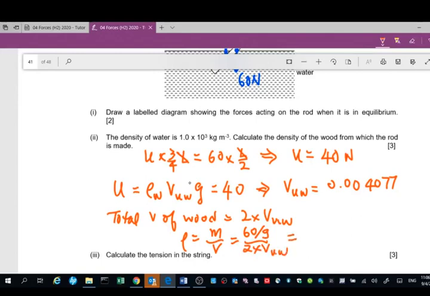The density of wood can therefore be calculated from all these values here, and when you work it out, you should get 750 kilograms per meter cubed. Okay.